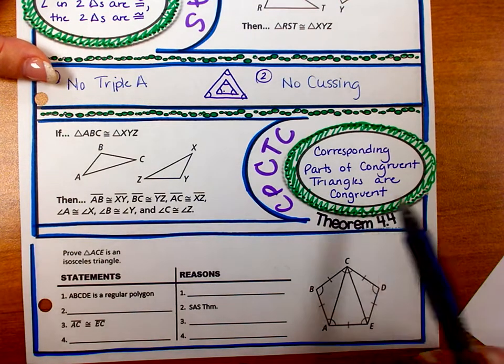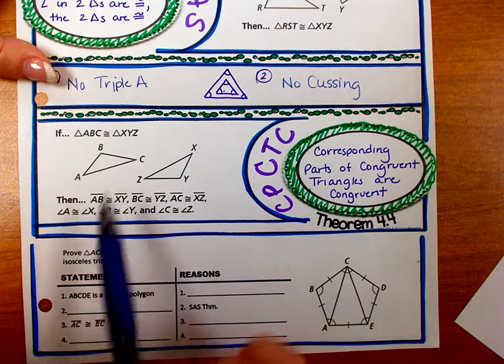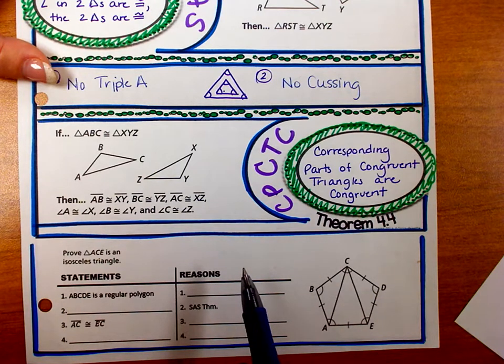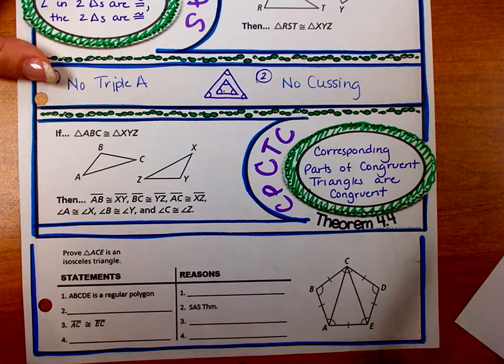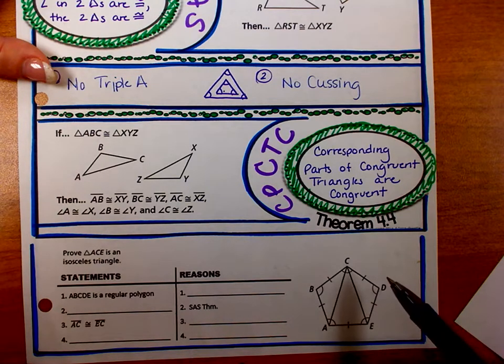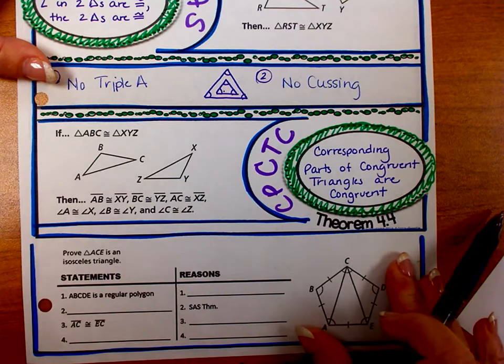So this strategy says if you can show that two triangles are congruent, then you can say that any single parts of those triangles are congruent. And this is theorem 4.4. So generally speaking, in triangle proofs, triangle congruence is what you're trying to prove. If it isn't, then triangle congruence will be the goal and CPCTC will be the final reason. Let's look at the proof down below.